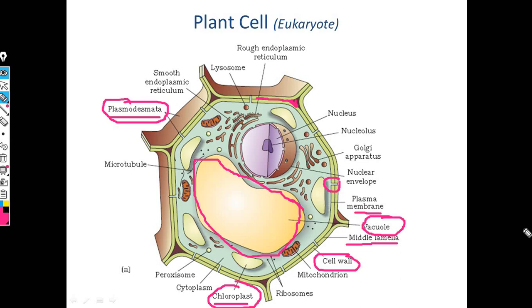It is very important for osmoregulation, movement of water, and storage of nutrients. These are all very important functions of the vacuole in a plant cell, and that's why they are well developed. In animal cells, vacuoles are normally not present. If they are present, they are very small or not developed. That is how you will differentiate.